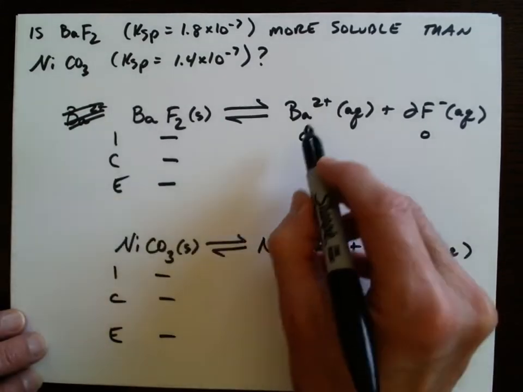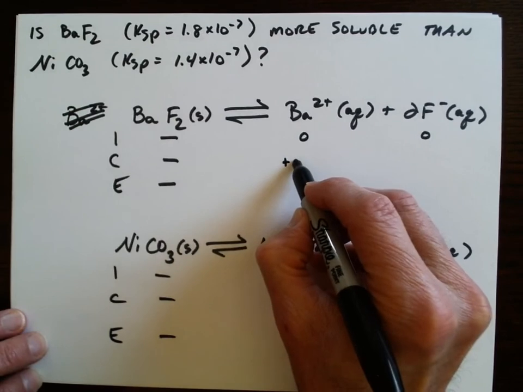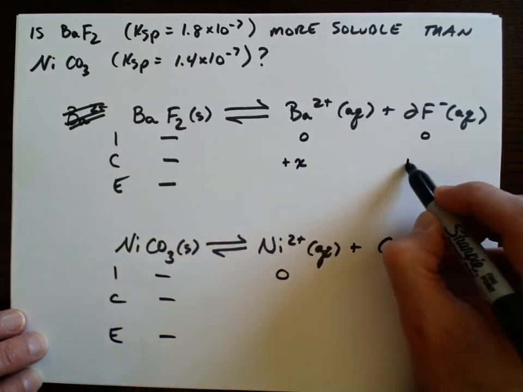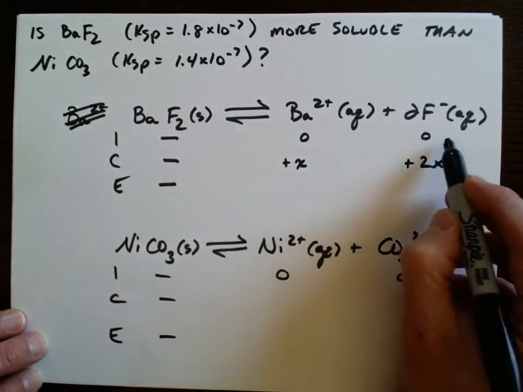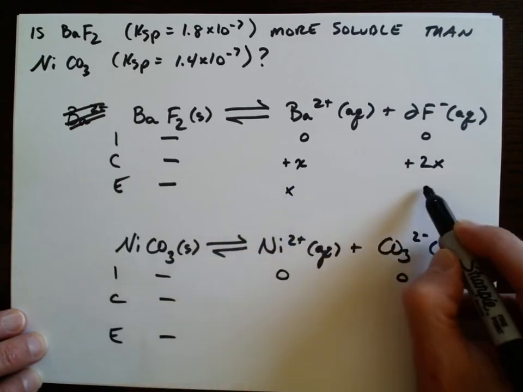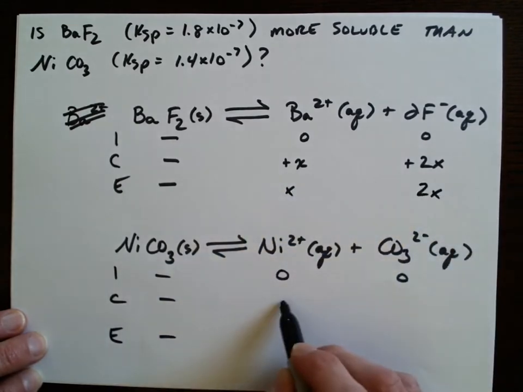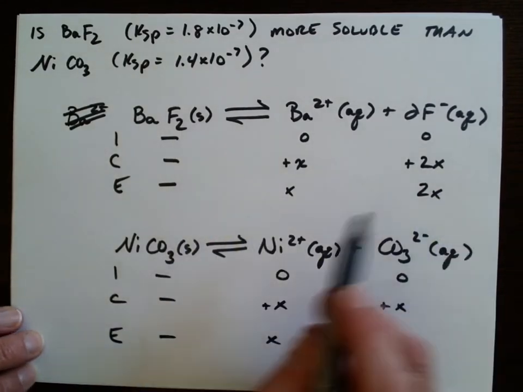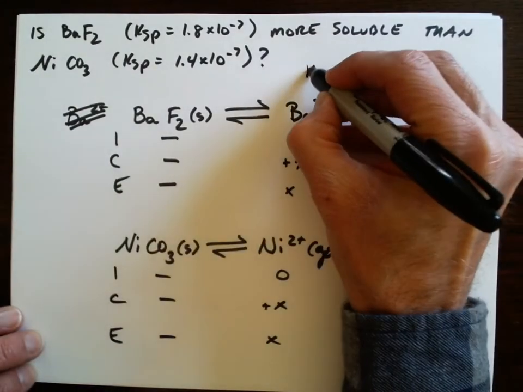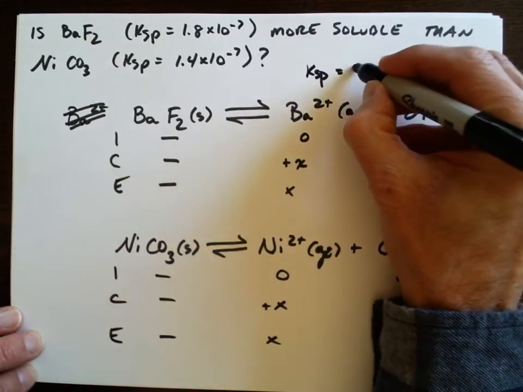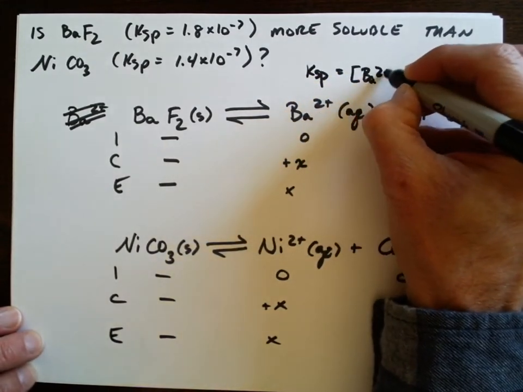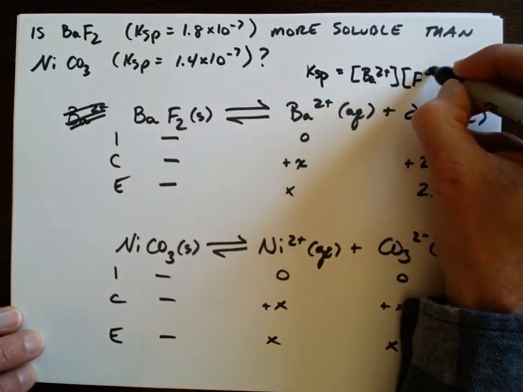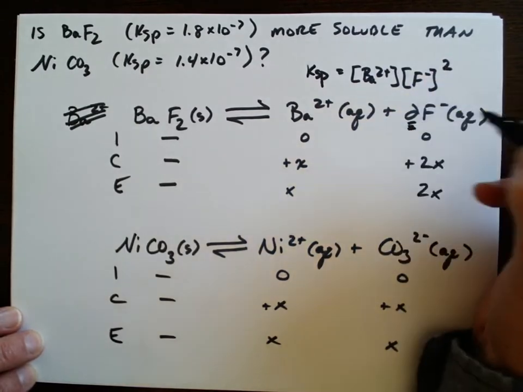Okay, in this case, if we gain a barium, we're going to gain 2 fluorides. So we're going to have X and 2X at equilibrium. And in this case, it's just 1 to 1. So here, KSP for barium fluoride is going to be the concentration of barium times the concentration of fluoride squared.